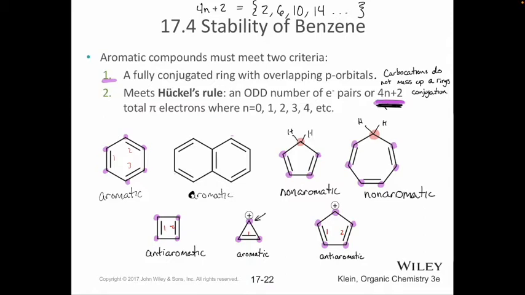Let's say we had this compound here. It had a positive charge on this carbon. Okay, I gotta redraw it. It's gonna drive me nuts. Again, we said this was anti-aromatic.